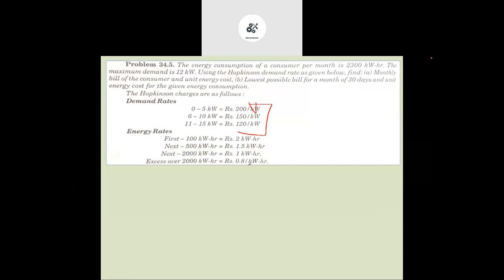And if the use is excessive, over 2000 units, then the rate decreases to 0.8 rupees per unit. So these are the energy rates.